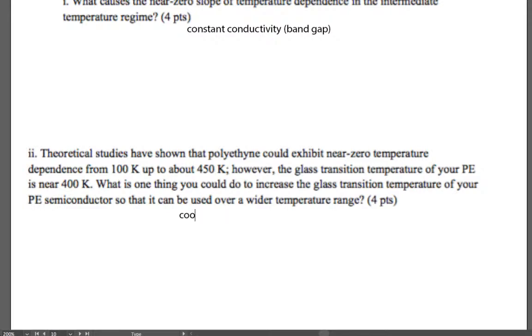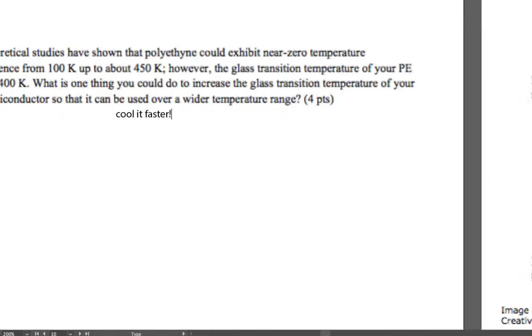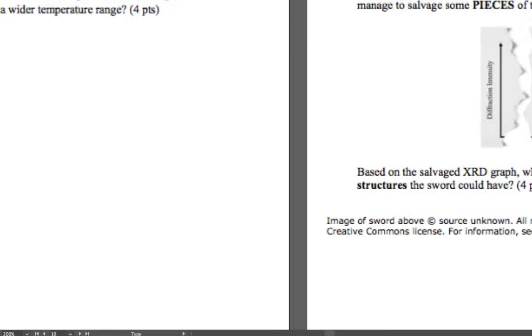Cool it faster. Basically, when you cool something faster, its Tg is shifted to the right, which would help a lot. That's basically how I'll answer, because of the glass transition.